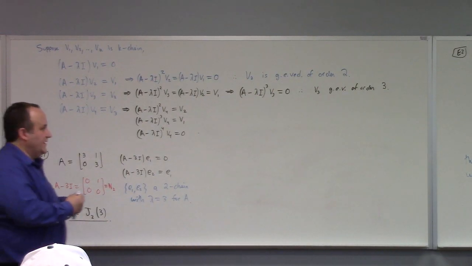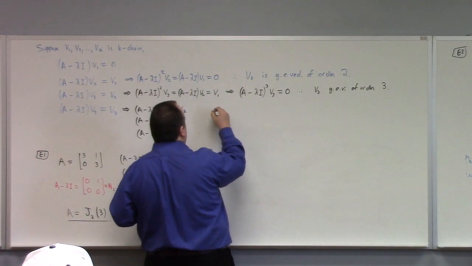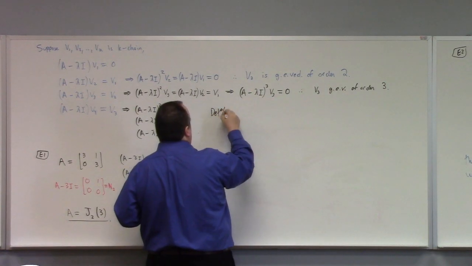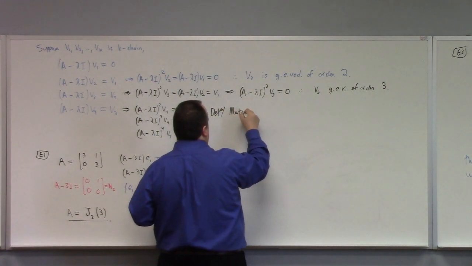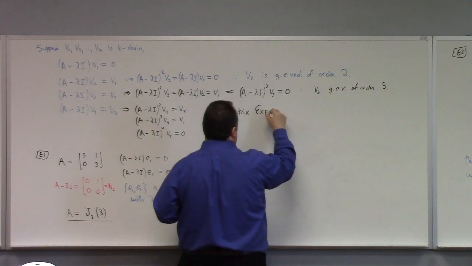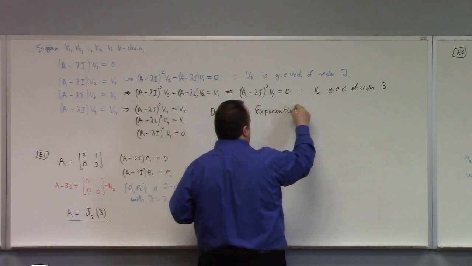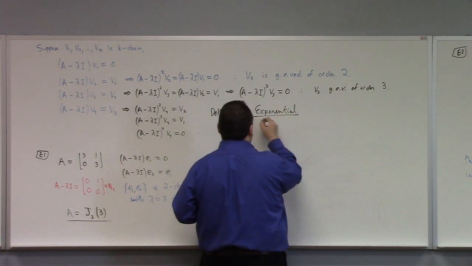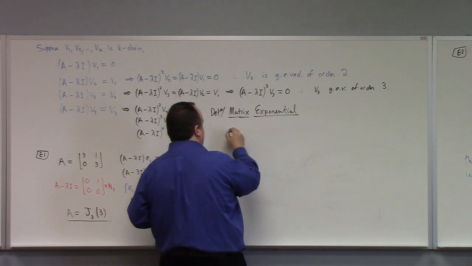Something I need to introduce for you guys is the matrix exponential. In other words, how do you take the exponential of a matrix? Well, the answer is with a series. So here it goes.